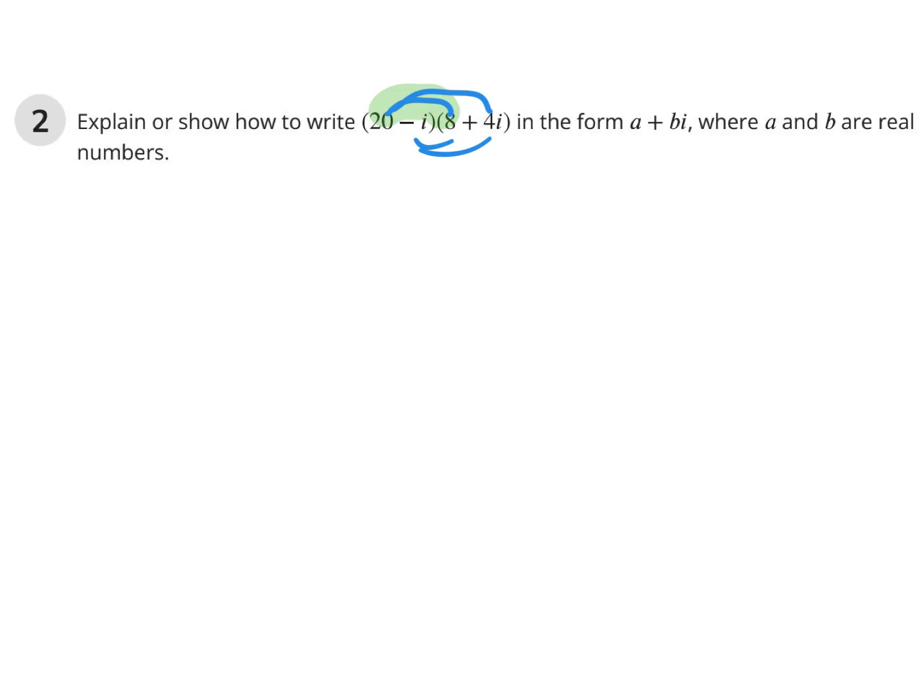All right, 20 times 8 is 160. 20 times 4i is 80i. Negative i times 8 is negative 8i. And negative times 4i is negative 4i squared. So 160 plus 72i.